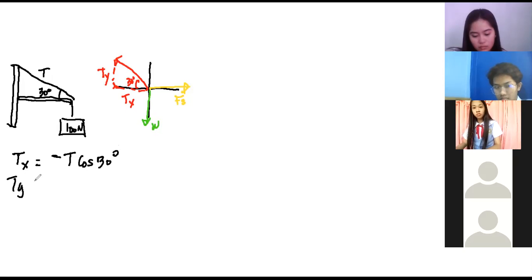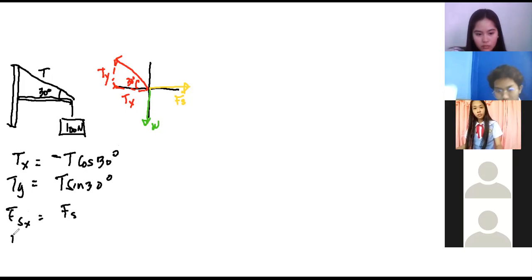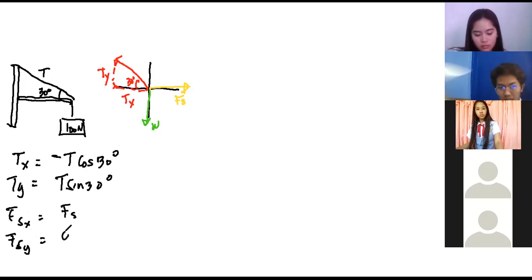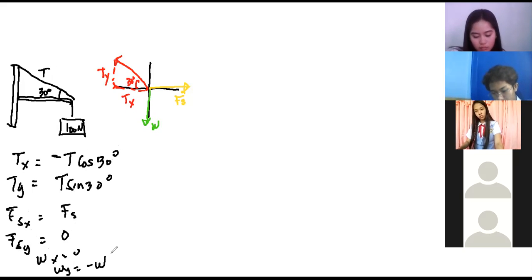And your tension Y will be equal to tension sine 30 degrees. Now, your Fs, you will have only your X component, but your Y component, the force in the strut, is 0 because there is no force in the Y-axis for the strut. We have your weight X is 0, while your weight Y is negative weight.